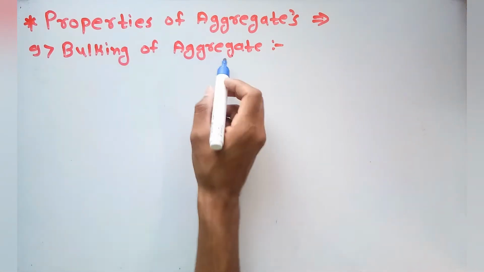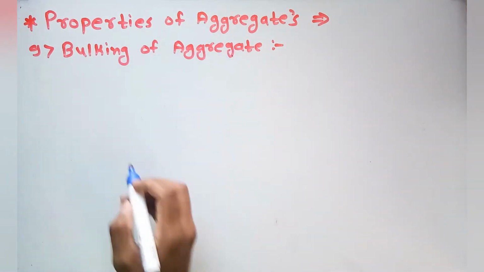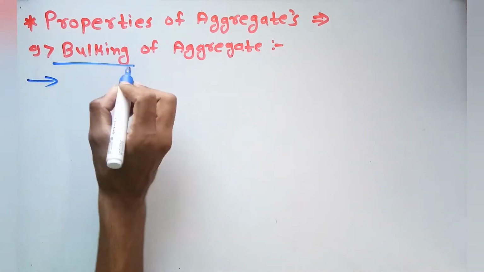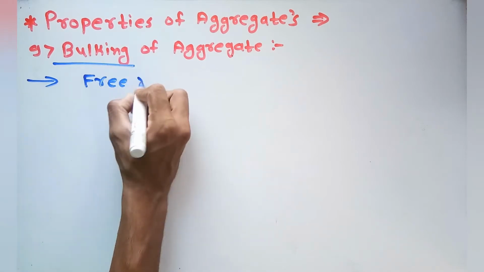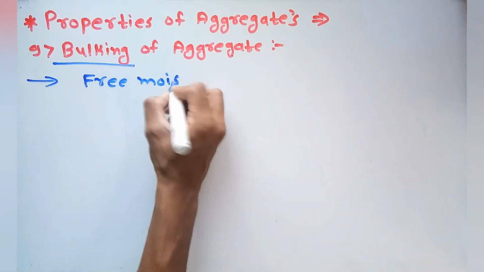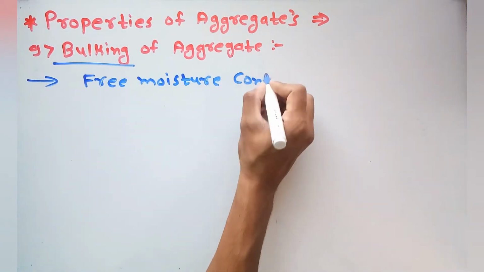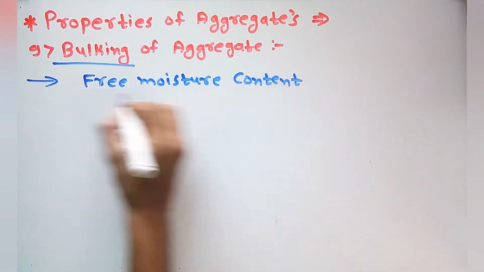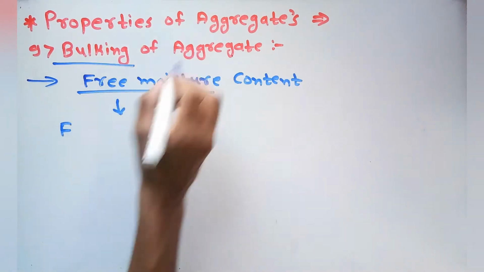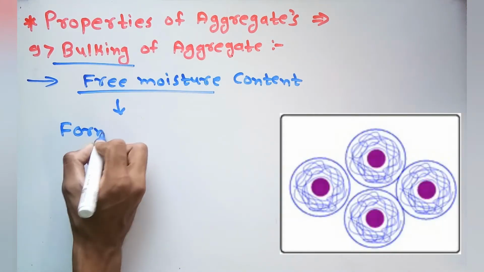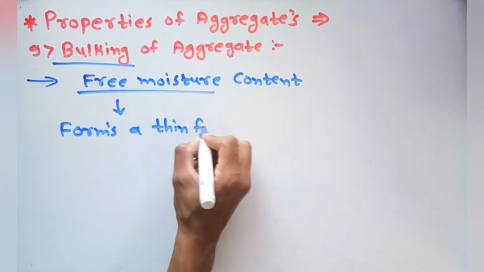Bulking of aggregates is simply an increase in the volume of particular aggregates, and this bulking occurs in aggregates due to free moisture content. Due to this free moisture, it forms a thin film around the aggregate particles.